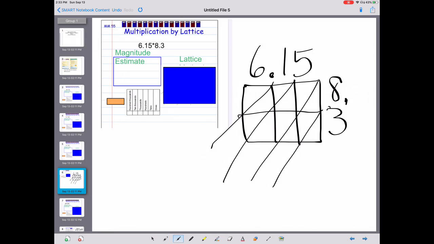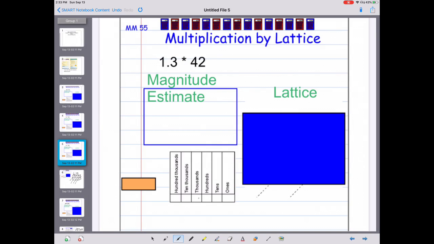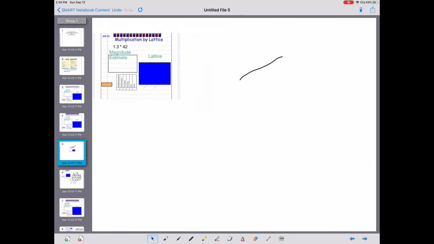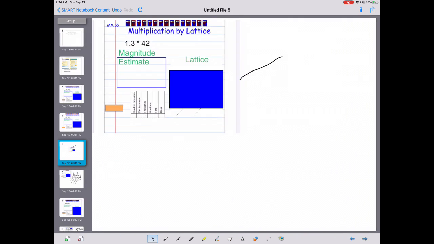Let's see what the next one looks like. Oops. Gotta get my arrow. 1.3 times 42. 1.3. 42, neither one's longer, so it doesn't matter where I put them.